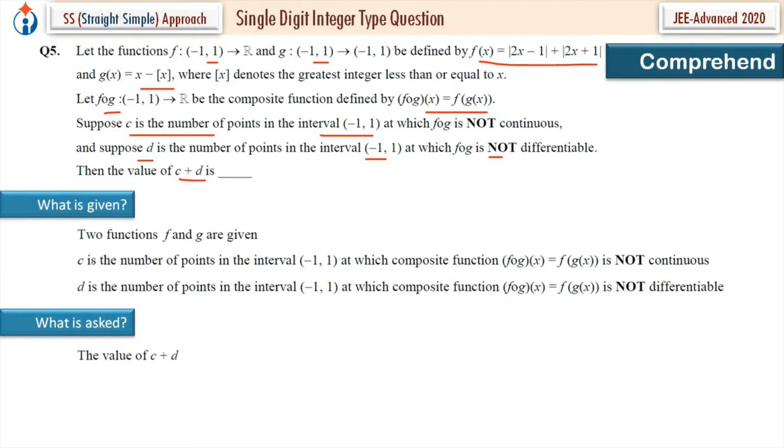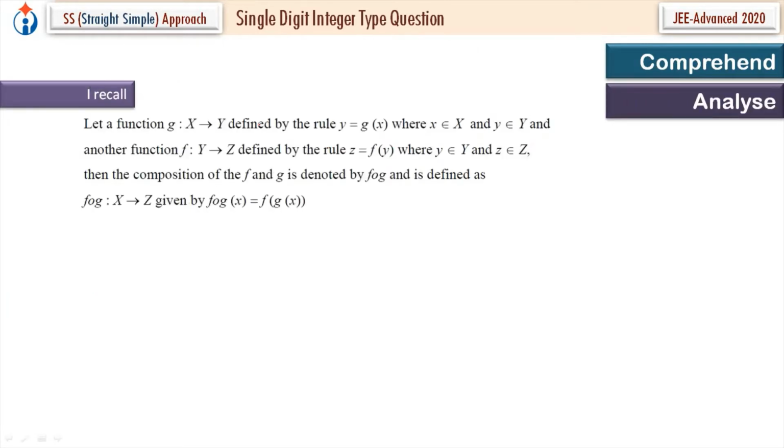So I have to check the number of points where f of g is not continuous and the number of points where f of g is not differentiable. Let's analyze. I recall the definition of f of g, the NCERT definition, same. Now modulus of f(x) is equal to f(x) when f(x) is non-negative, and modulus of f(x) is minus f(x) when f(x) is negative, less than 0.